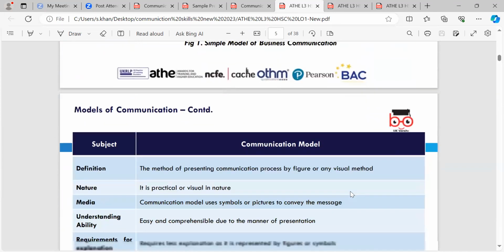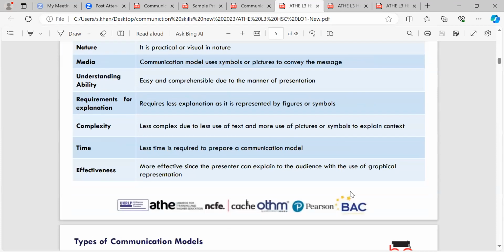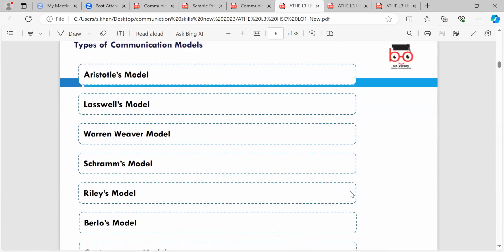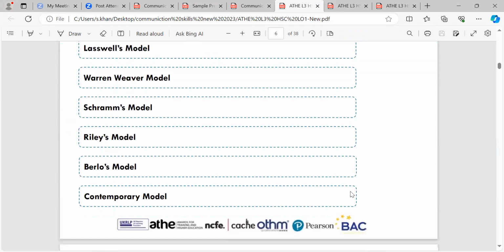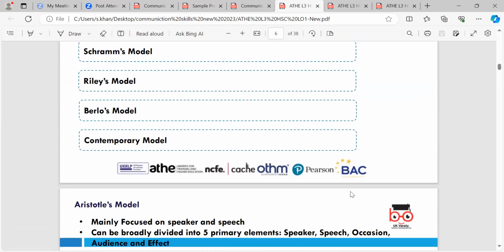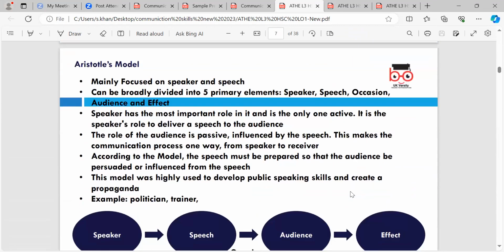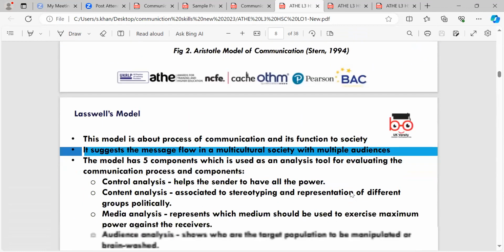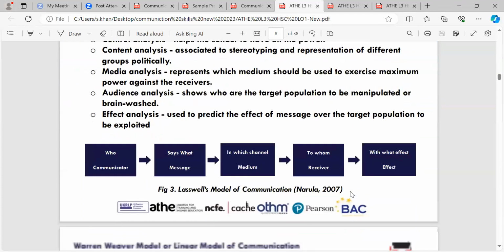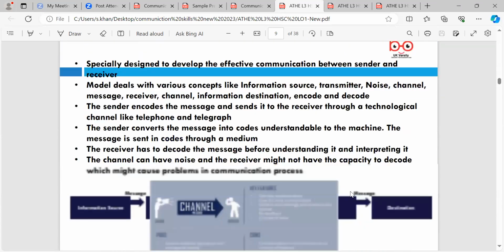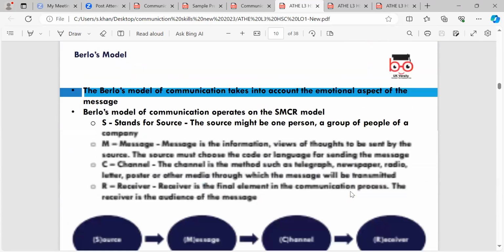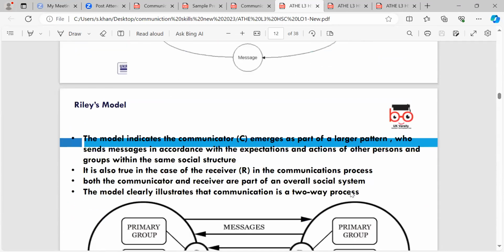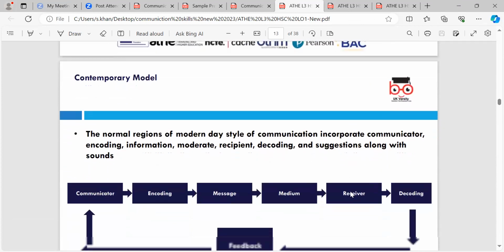Then we looked at Aristotle's model, Laswell's model, Warren Weaver's model, Schramm's model, Riley's model, Berlo's model, and the contemporary model. We looked at what each model focuses on, which I'm not going to go through because you've got it all on the slides, including the importance of each model.